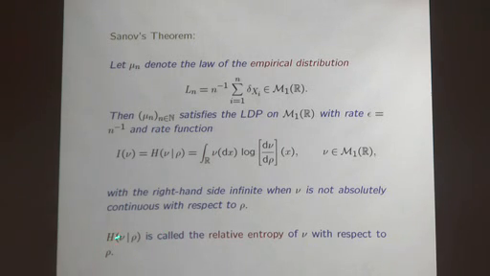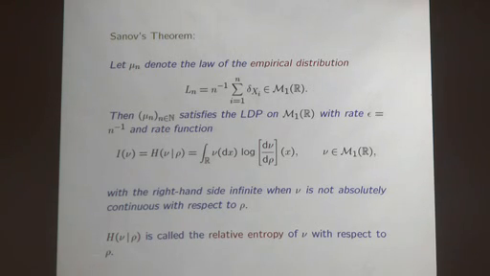If you have a probability distribution rho and a probability distribution nu, then h of nu rho is some kind of pseudo distance between nu and rho. There are many other distances that you could have, Wasserstein distance for instance, but in Sanov's theorem it's the relative entropy distance that actually then plays the role of the rate function for the empirical distribution.